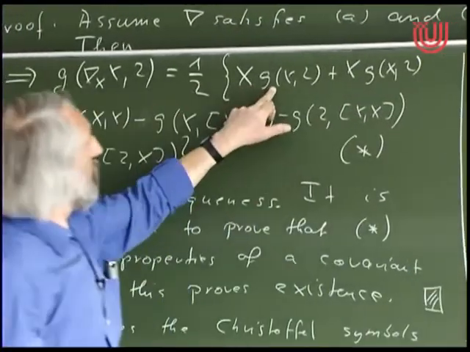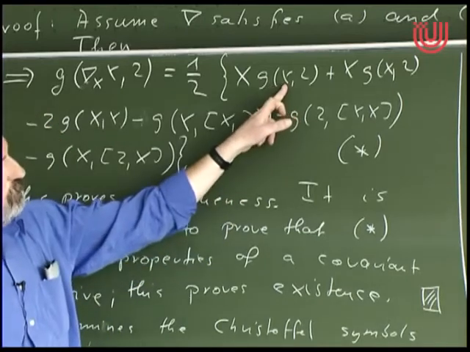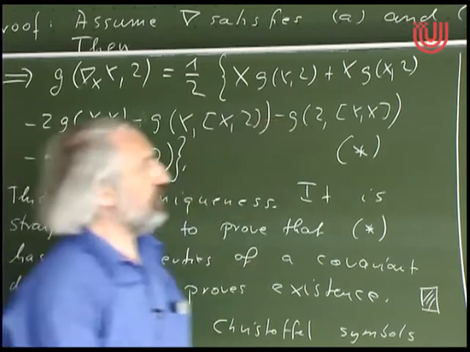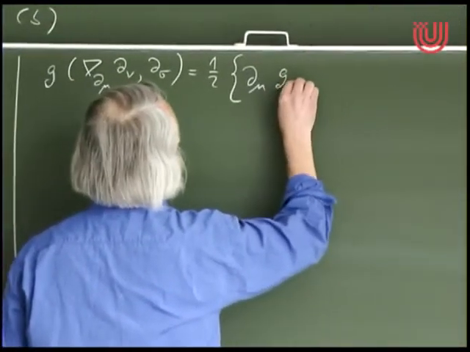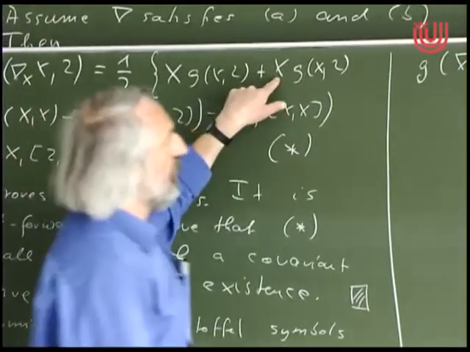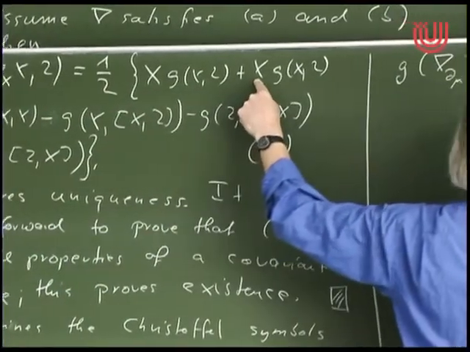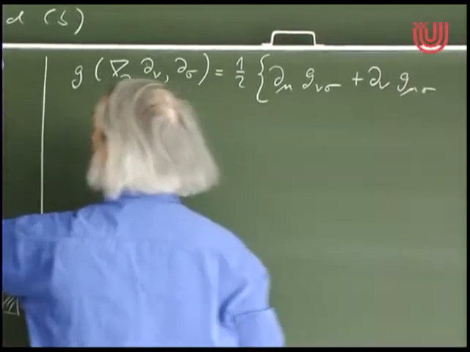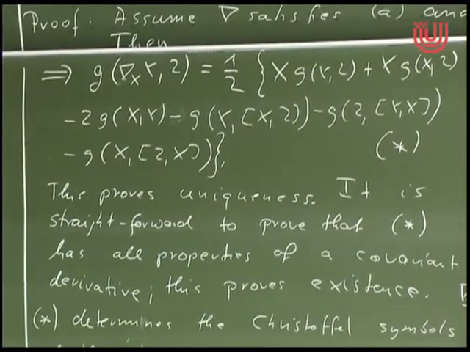And this acts on G where I fill the d nu in the first slot and d sigma in the second slot. That's just my coefficient G mu sigma. Yeah? For the second term, I have the d nu, and this is applied to G mu sigma. And here I have the d sigma.